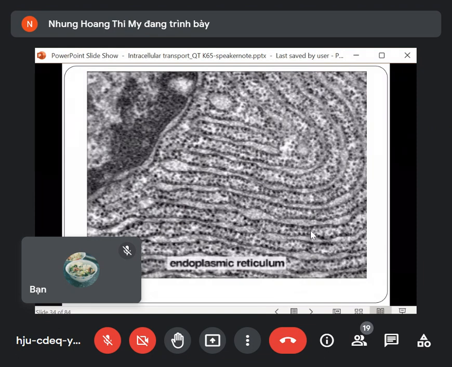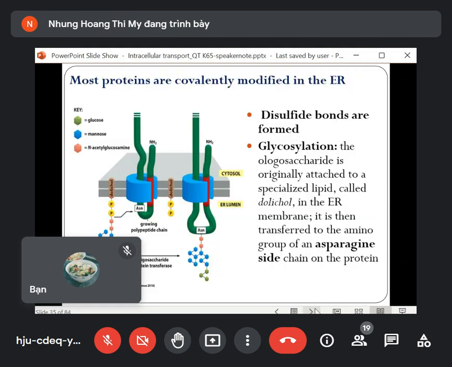There are three fundamental transport pathways for the protein: gated transport, membrane transport, and vesicular transport. Today we will go to the third pathway of protein transport inside the cell.